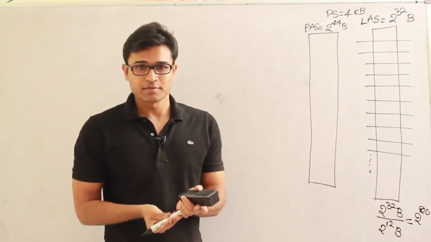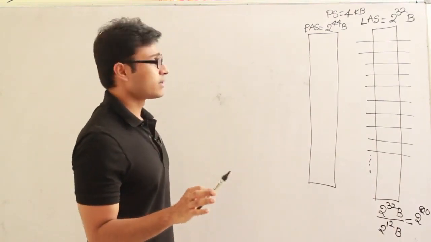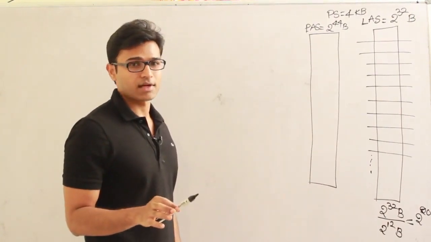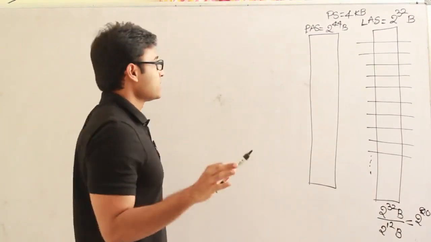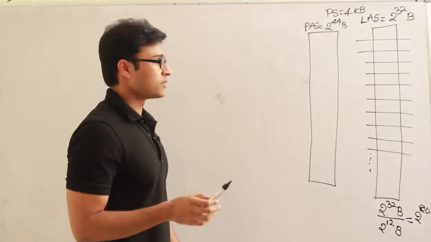That is why I have chosen these numbers. 16 terabyte of RAM is quite an exaggeration, right? But let's assume that 16 terabyte of RAM is available. Then we shall continue with this.